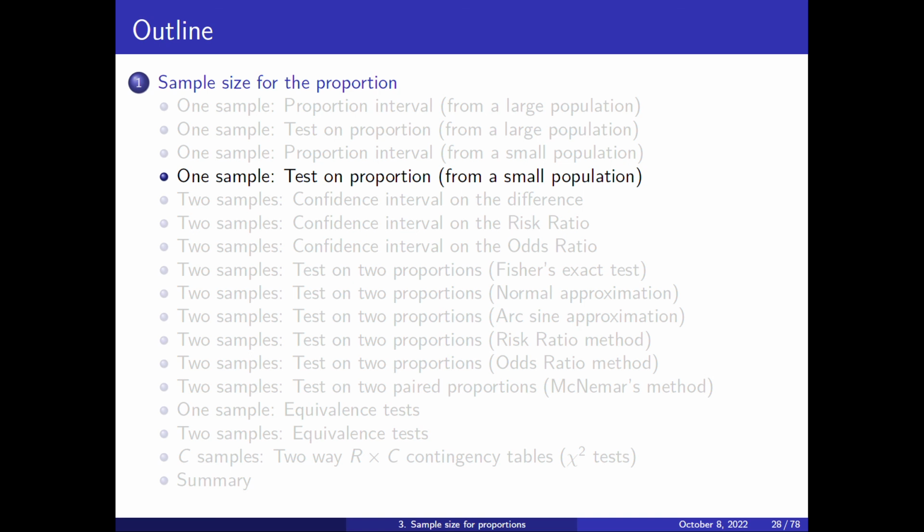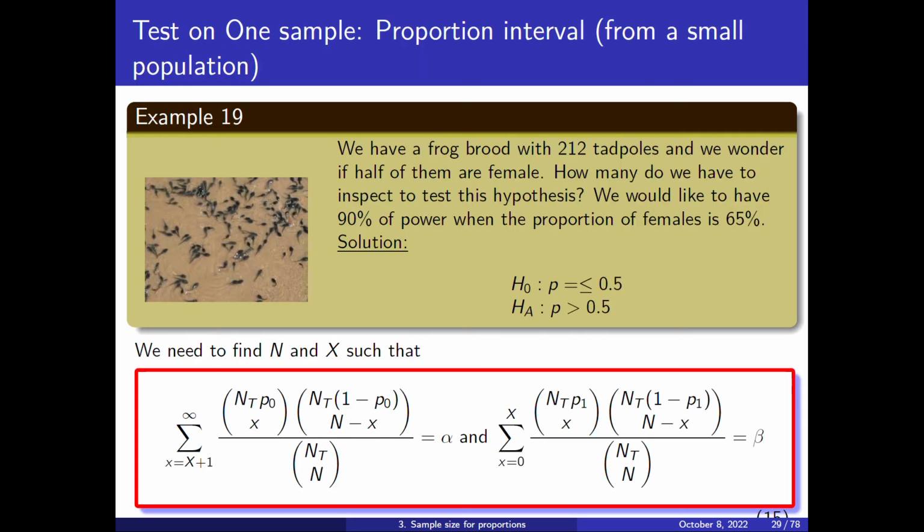Okay, so in our last case, we will design the sample size for making a test on a small proportion. Let's say that we have 212 tadpoles, and frogs are animals that decide their sex depending on the environment.